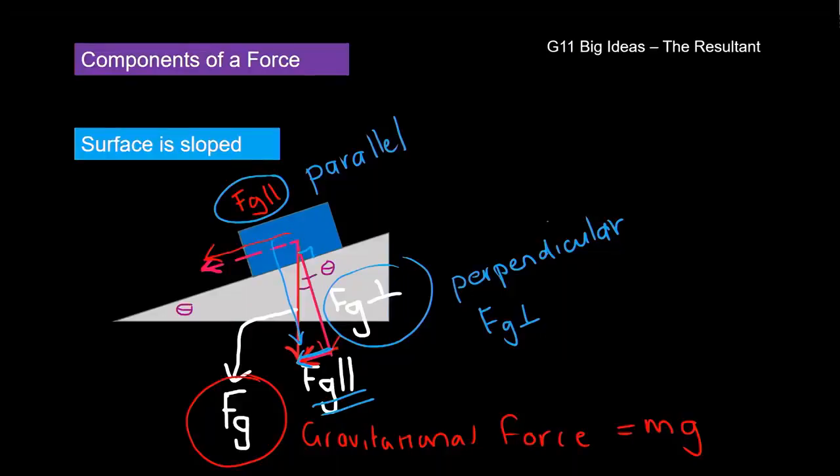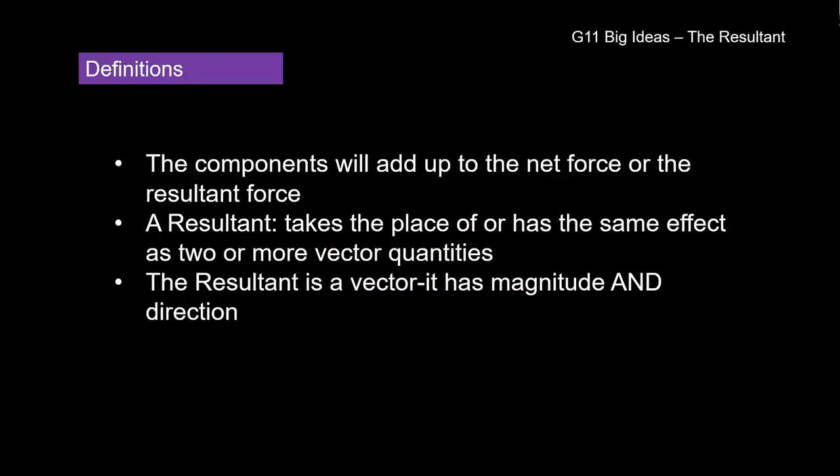Can you see that when we redraw these forces, we draw in a 90 degree triangle? That is important for trigonometry, and we use these to do calculations. So let's have a look at our definitions. The components will add up to the net force, and that is also called the resultant force.